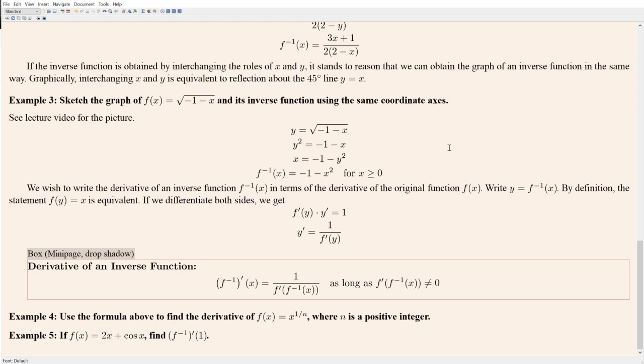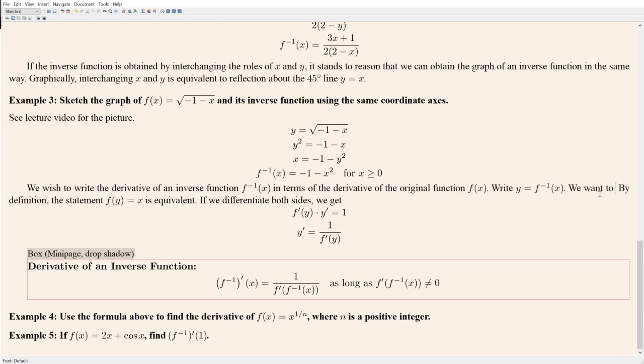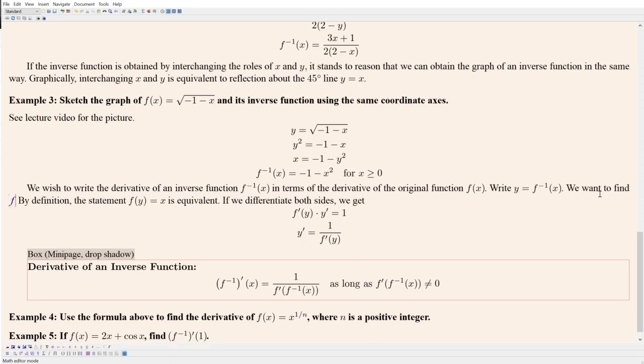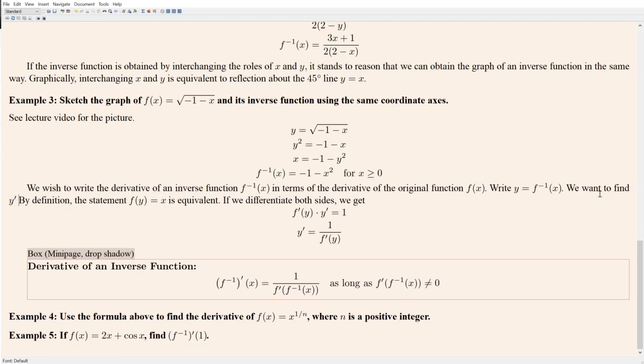And indeed, there's actually a pretty easy way to do this. So if we write y equals f inverse of x, what we want to do is find y prime, right? We want to find its derivative. So we want to find y prime.